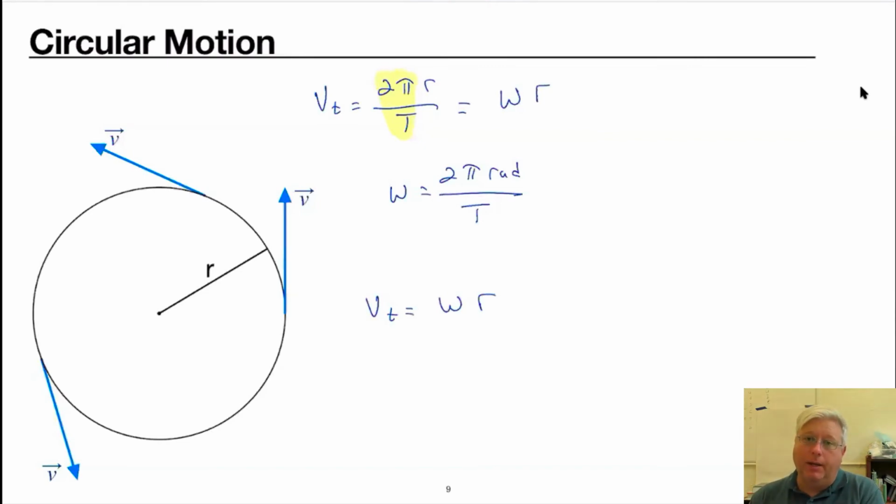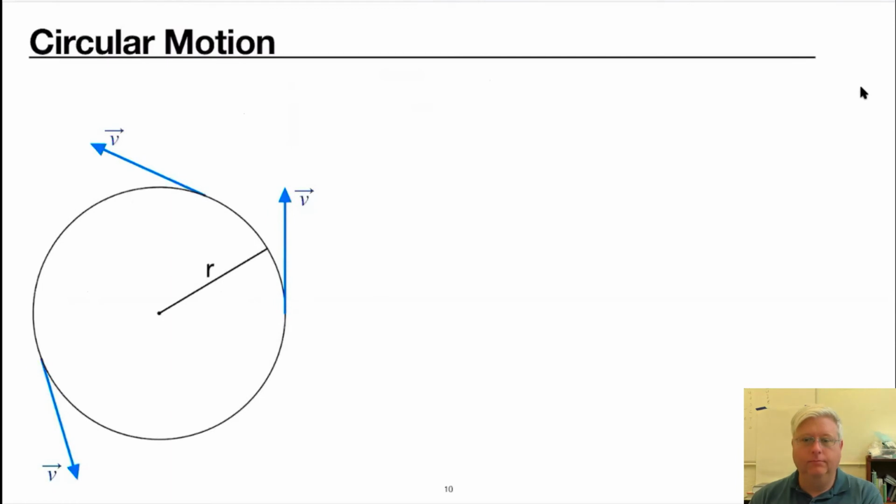So tangential velocity is also omega times r. It's also dependent on the radius, which we know it should be. Right, and so we said that we're moving in a circle. We have a uniform motion, but technically the direction is constantly changing because we're moving in a circle. So it's hard to really call that a velocity.